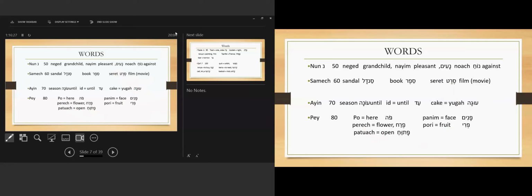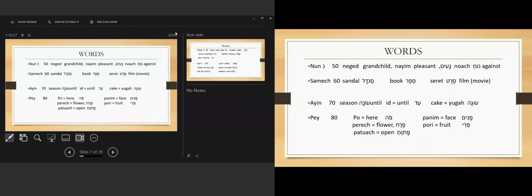You just say po. But when you write it, you've got to put the heh at the end to finish the word. Po is here. I am sitting here. Po.